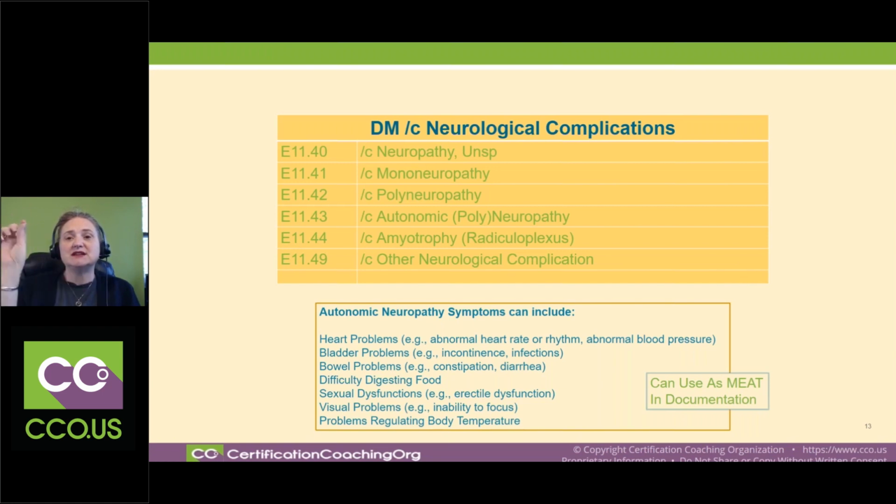So you can use that as a link if the patient's having problems regulating their body temperature. The provider gave the diagnosis of E11.43, autonomic. Then again, that documentation can be used as MEAT for risk adjustment.